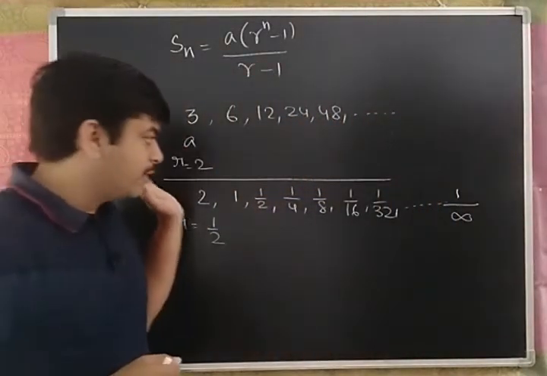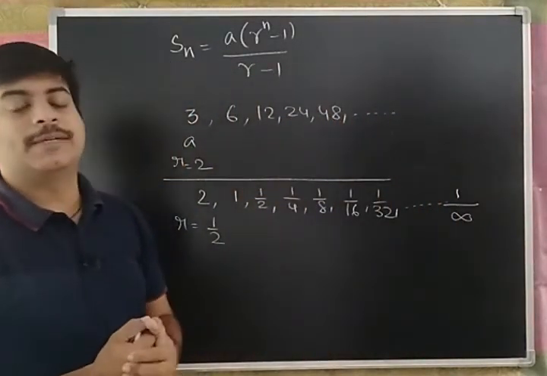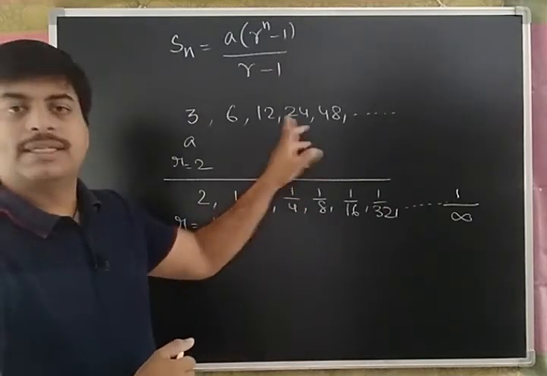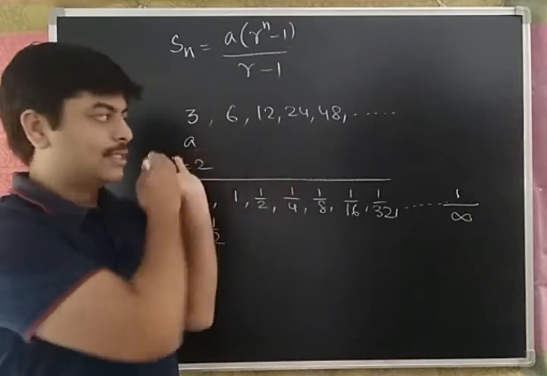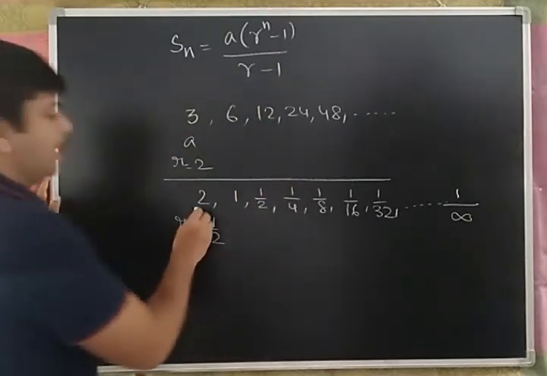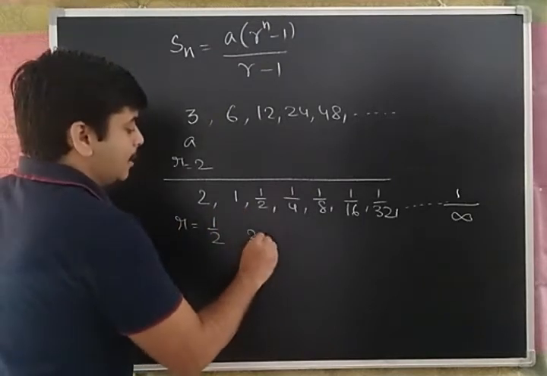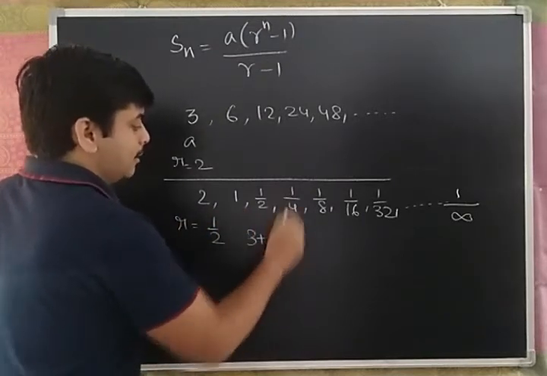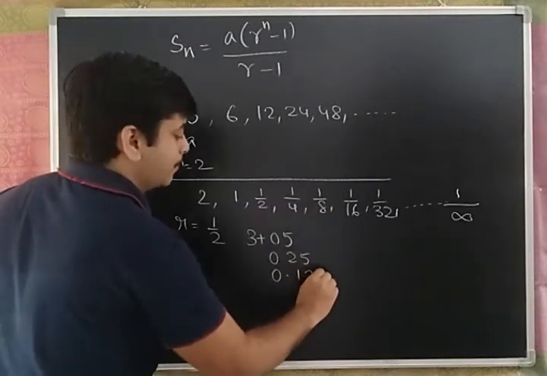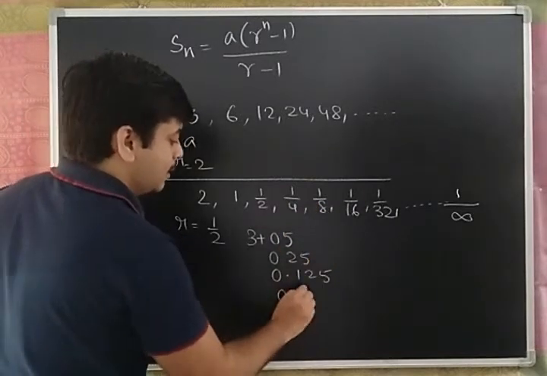So when you are finding the sum to infinite terms, can we find the sum of this one? Yes, you said that it is infinity. We cannot find, but it's a very large number. What about this one? See here. 2 plus 1, this is 3. 3 plus 0.5, then 0.25, 1 by 8 is 0.125, 1 by 16 is 0.0625.